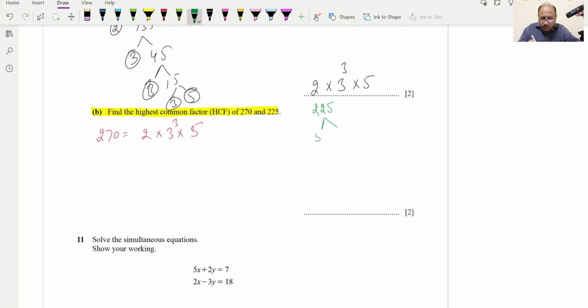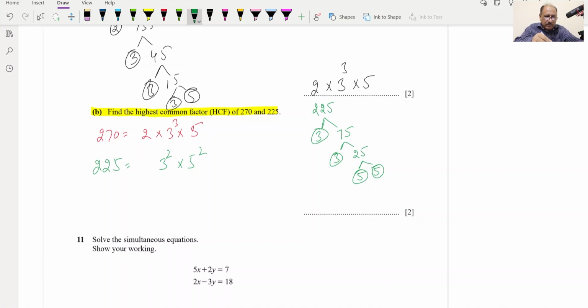This will be divisible by 3 also. 3 sevens are 21 and 3 fives are 15, and now divisible by 3 again. 3 25s are 75 and 5 fives are 25. So for 225, this will be 3 squared into 5 squared. This will be the prime factors.